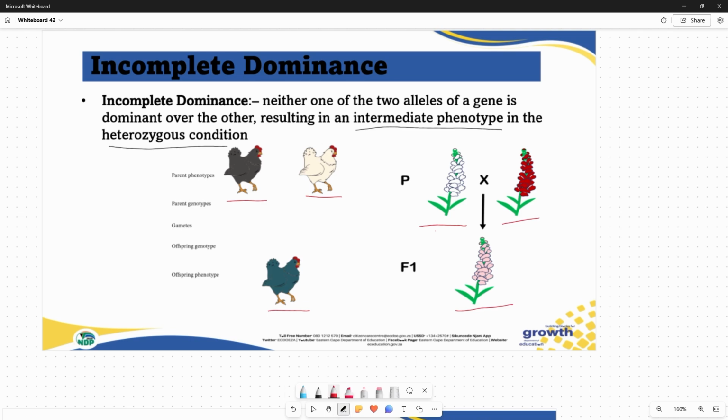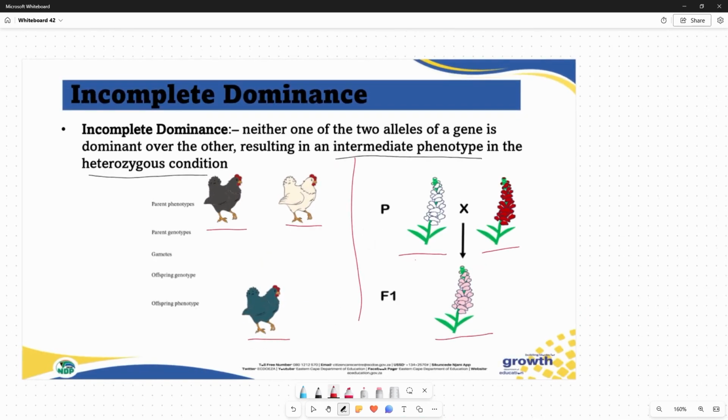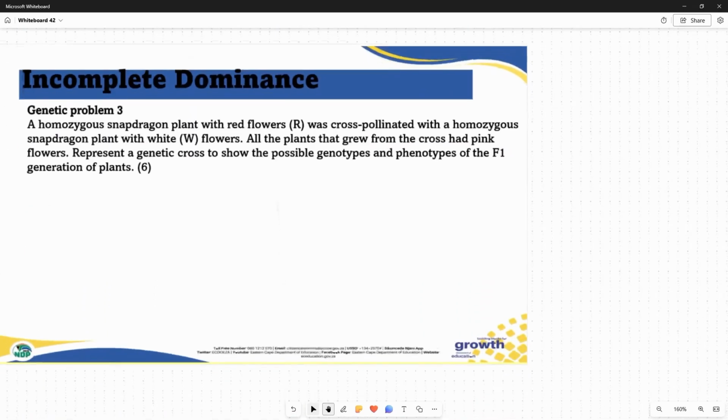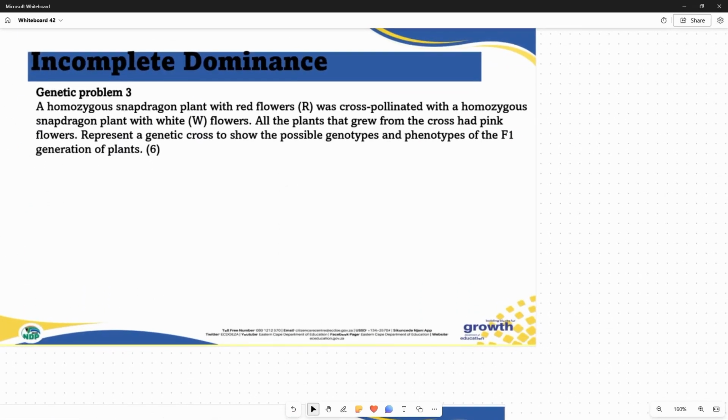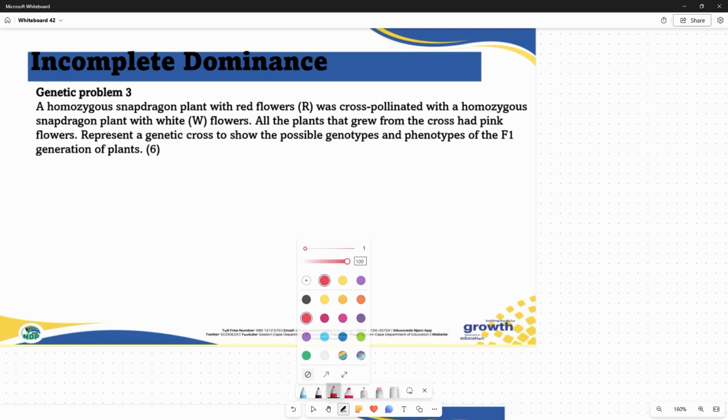Now let us look at the examples of how you can represent crosses with incomplete dominance. Okay, we have got an example here. A homozygous snapdragon plant with red flowers was cross-pollinated with a homozygous snapdragon plant with white flowers. Now, I want you to notice something here.